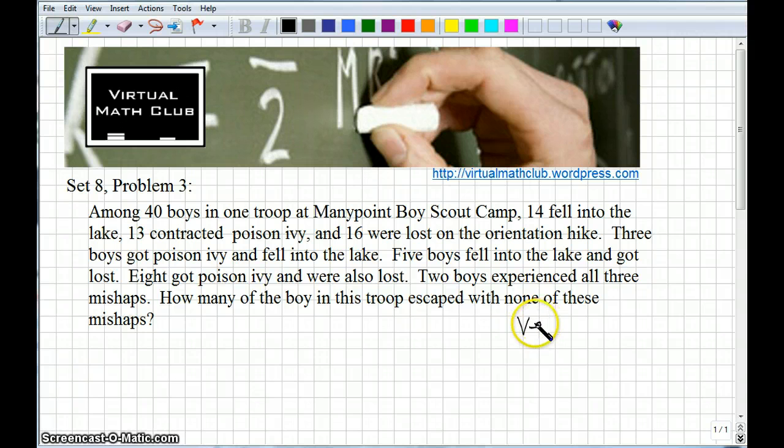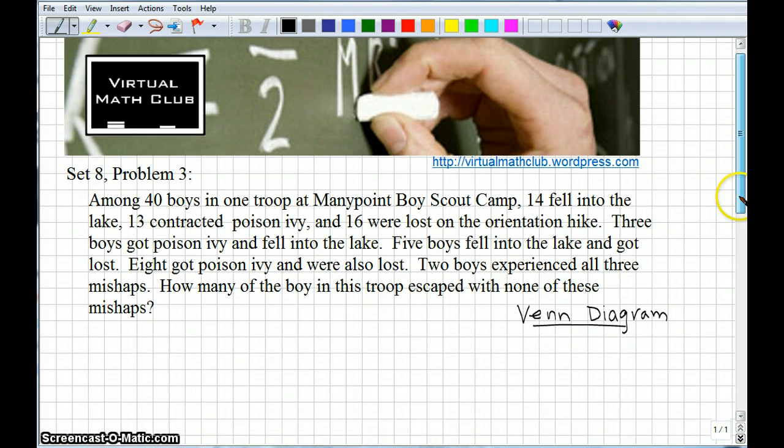John Venn lived in the 1800s, and he invented something called the Venn diagram, which helps you visualize sets or groups of objects. So what is a Venn diagram?